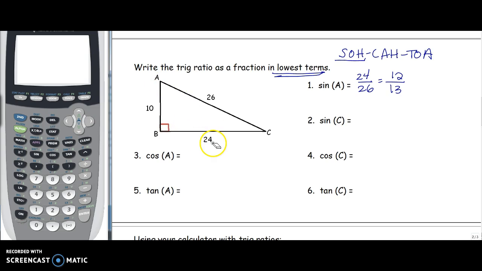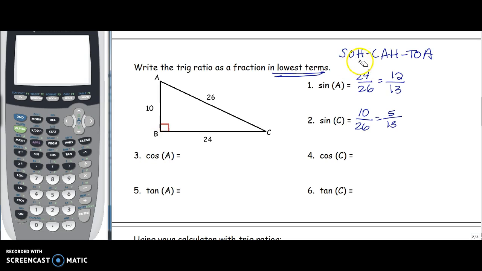In number 2, it says sine of C, so now our reference angle is down here. Sine again is opposite over hypotenuse, so opposite is 10, hypotenuse still is 26. So if we simplify, we're going to have 5 over 13. Number 3 is cosine.